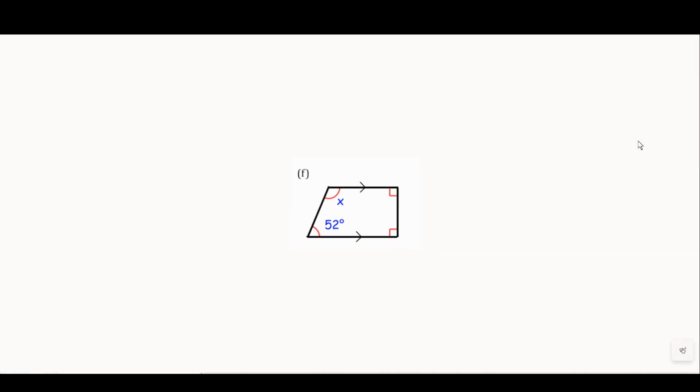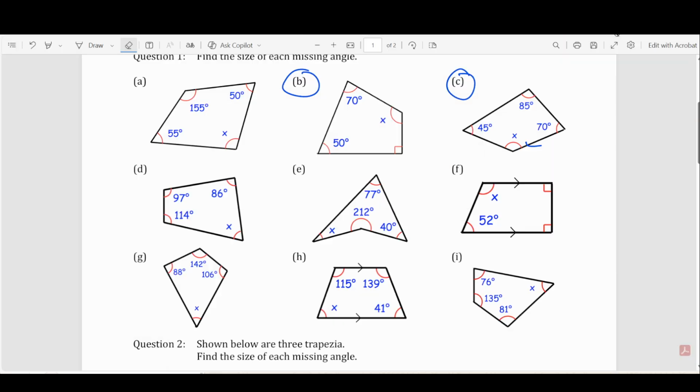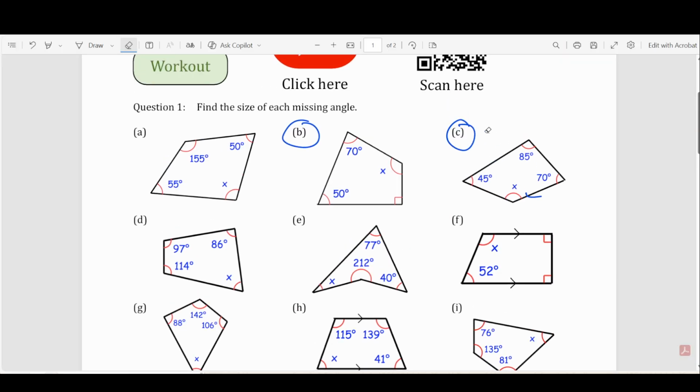Then 360 minus 232 gives 128. Very good. Absolutely correct. So that's how we can find a missing angle in a quadrilateral.